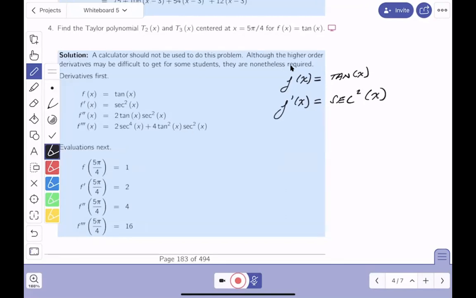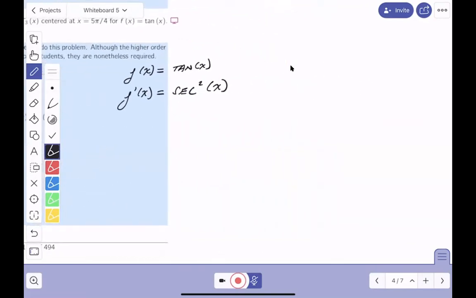All right, now this is me. This may not be you. I can't remember the derivative of that guy. So what I would write down instead is that this is actually cosine x to the minus 2. So I'm going to write down the second derivative now. I think I can do it. To me, that would be minus 2 cosine x to the minus 3 times, well, the derivative of cosine is going to be minus sine.